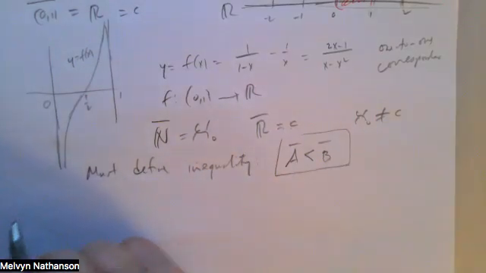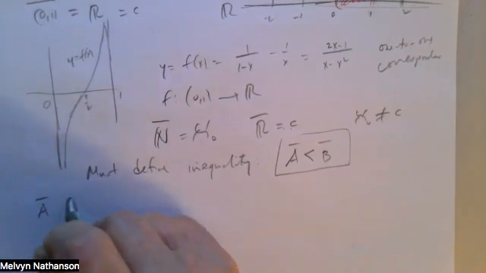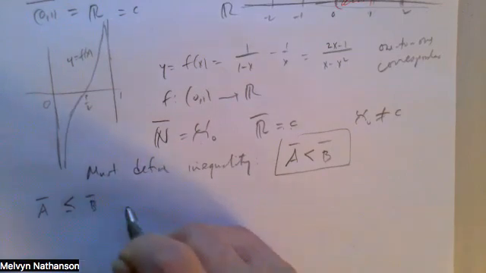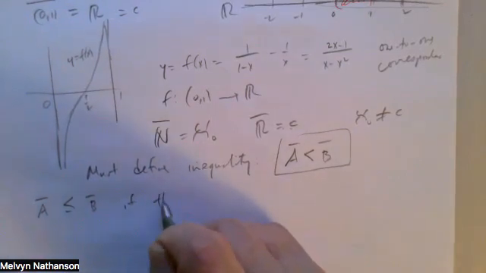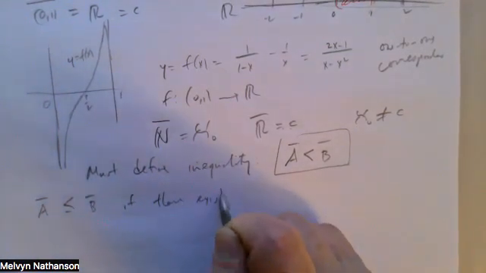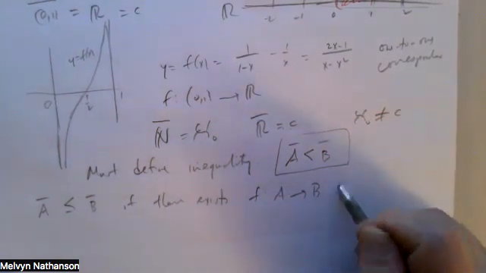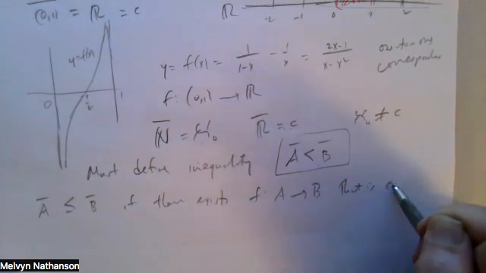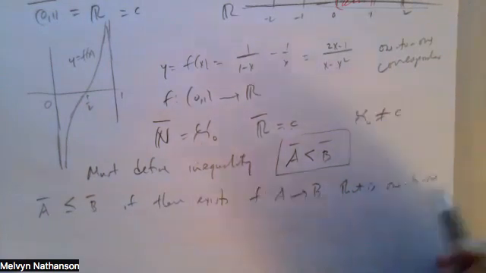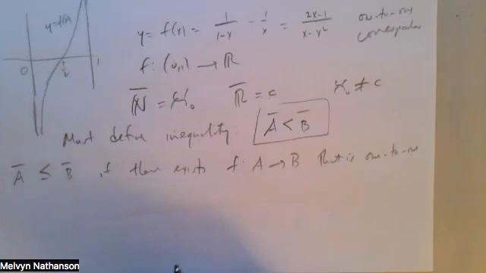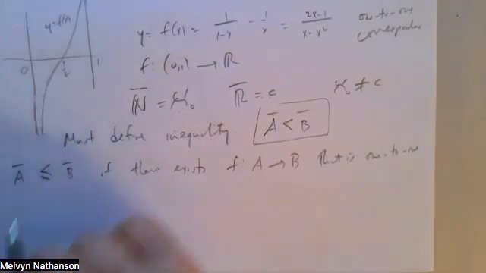First, we define less than or equal to. We say the cardinality of A is less than or equal to the cardinality of B if there exists a function f from A to B that is 1-to-1. Not necessarily 1-to-1 and onto, but just 1-to-1.